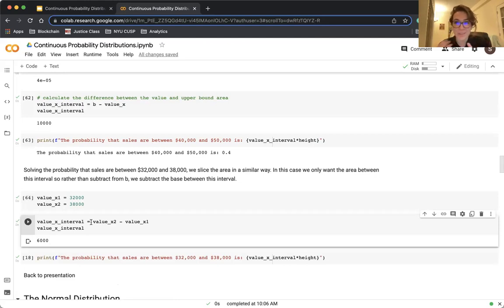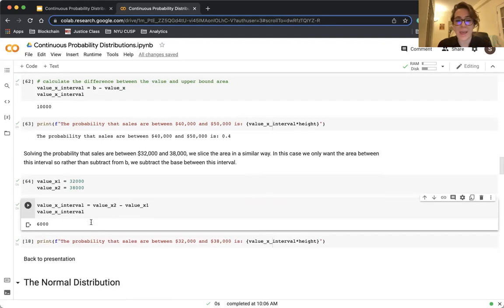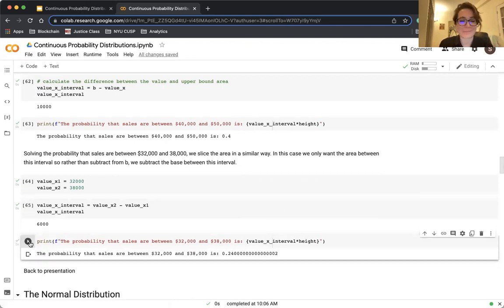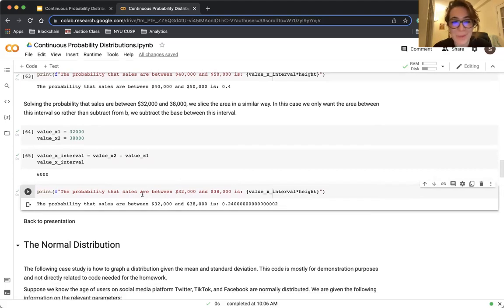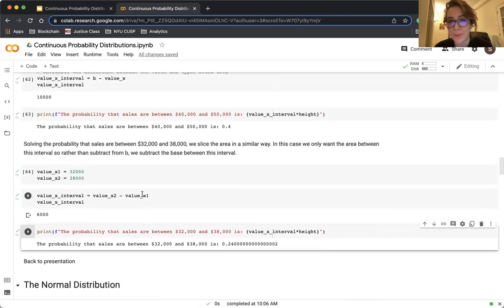Again, as we think of how we slice the 15-minute intervals, we can think of this probability as being uniform. So we can take this interval between, multiply that width by that height to get the probability, and say the probability of seeing sales between 3,200 and 3,800 is 0.24.